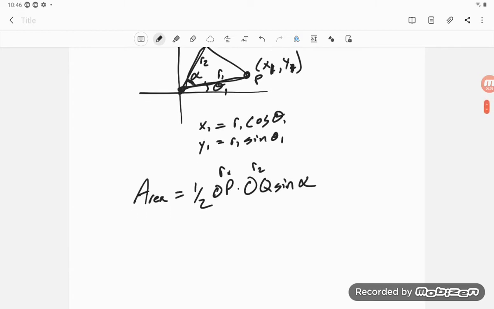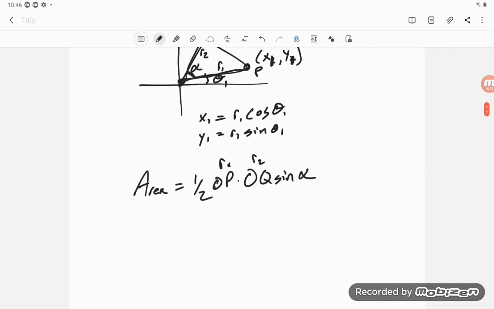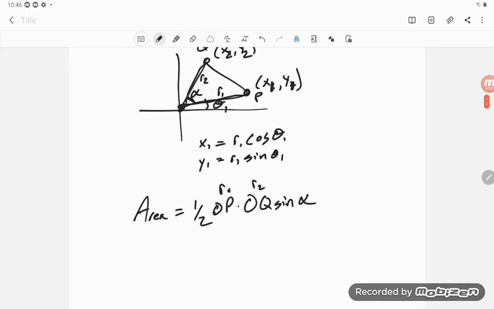Then they're also going to name the bigger angle here. Now it's going to get messy. Let me draw it over here again, just the angles.